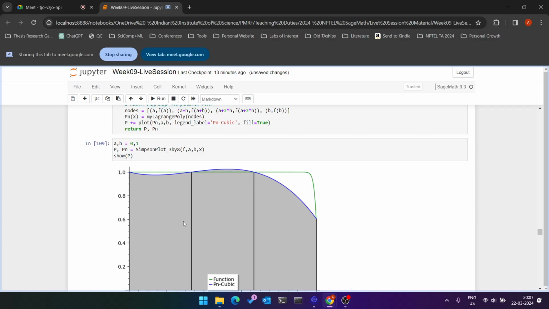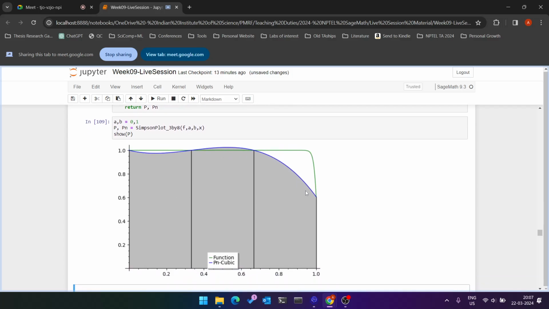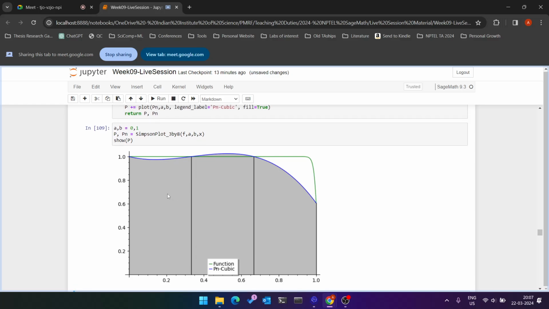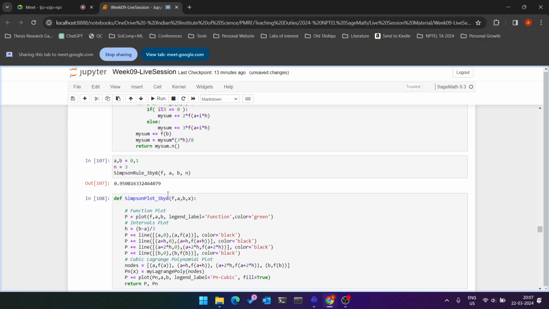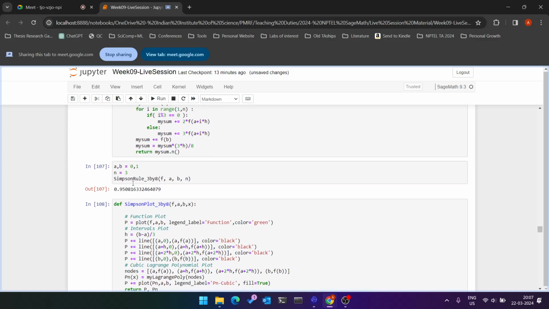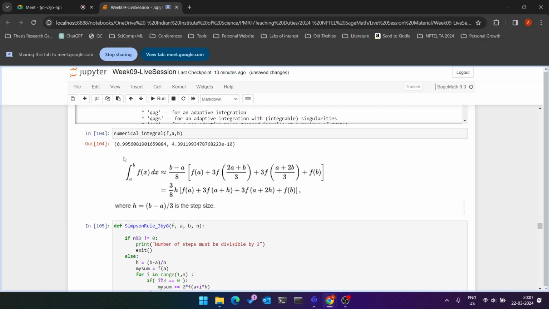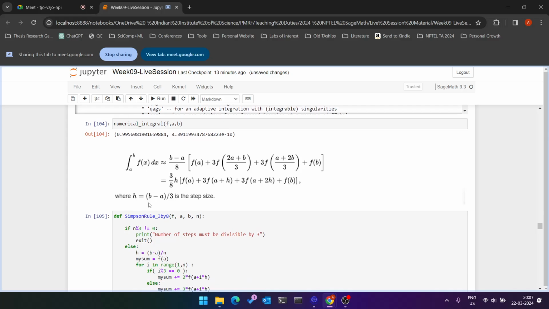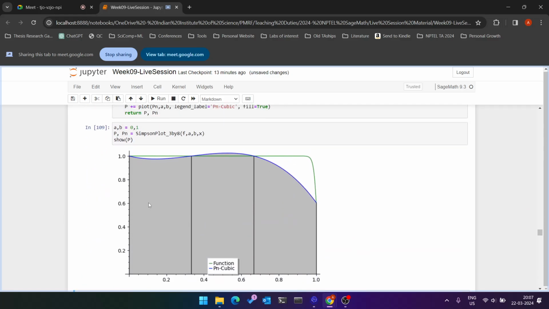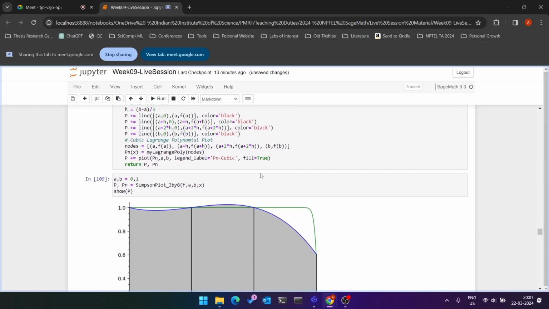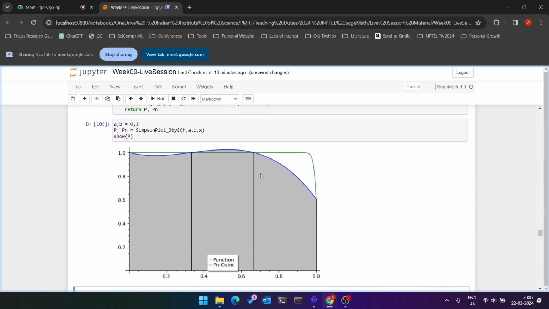So you expect a 3-interval Simpson 3/8 rule to underestimate your integral value. It's 0.950 in this case, and 0.995 is the numerical inbuilt integration. This should give you an intuition of how the Simpson 3/8 rule works and how we have implemented it.